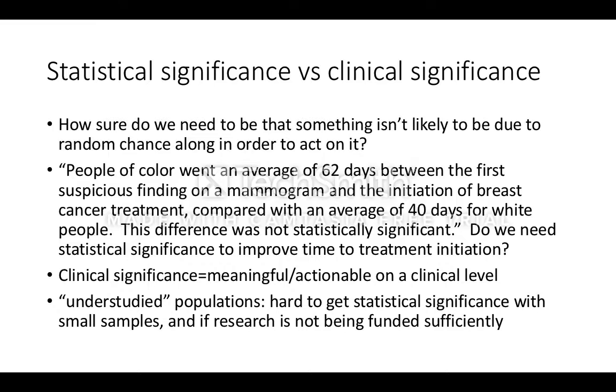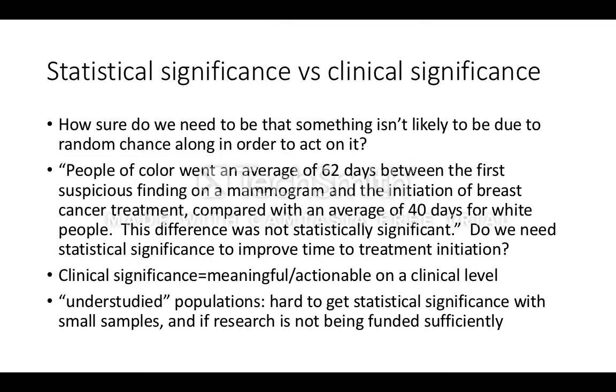It should also be pointed out that in smaller sample sizes, it's harder to get statistical significance. You tend to need a lot of numbers or a lot of people involved to get statistically significant findings. And this can be hard in understudied populations or historically or currently oppressed populations that aren't getting the funding they need to do research or to find out more about them.